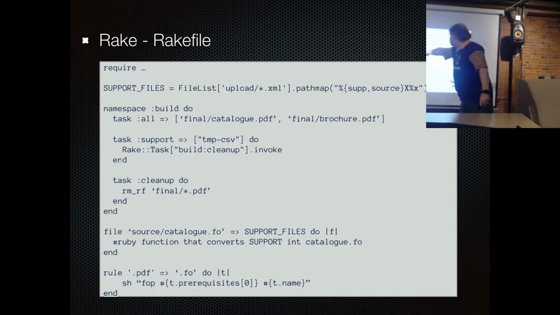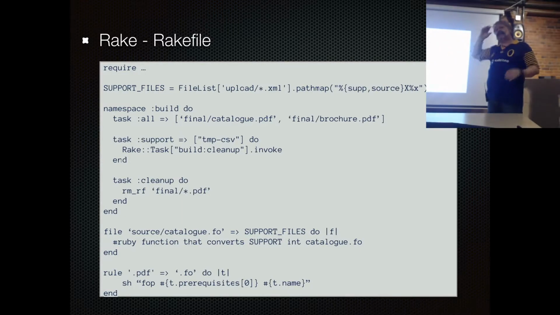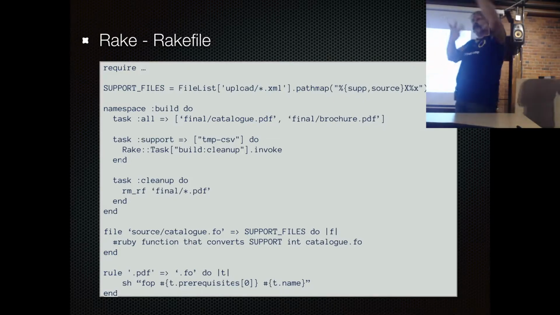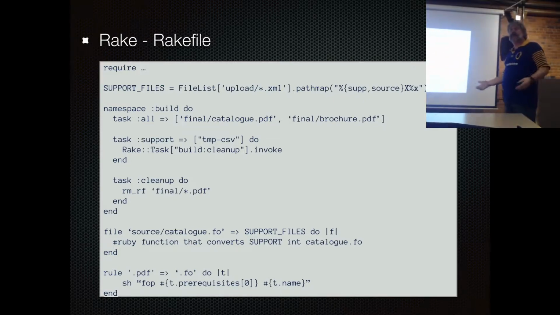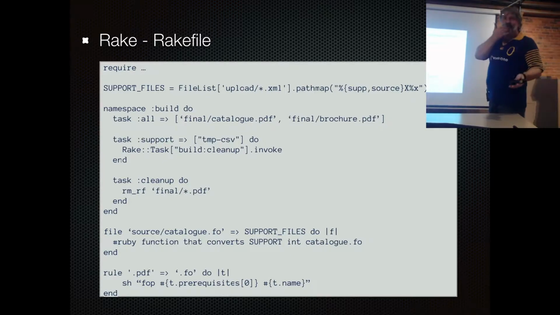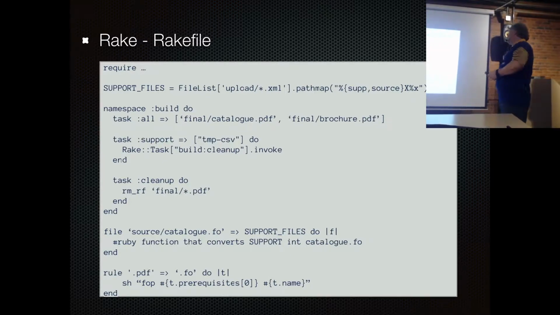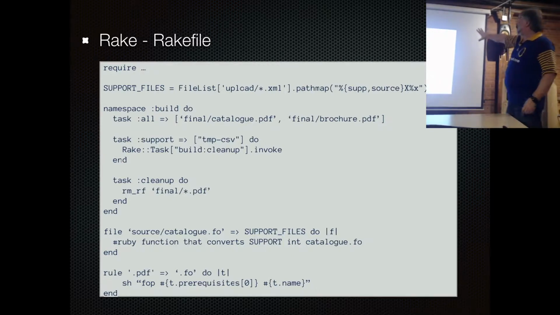Here I've got the catalog.fo is dependent on support files, which I built up here, right? And then I can have a bunch of Ruby functions that produce them and munge them together and produce something. Maybe I'm doing something with Builder. Here's where Builder comes in handy if I want to generate FO, right? So that's done in a rake file.